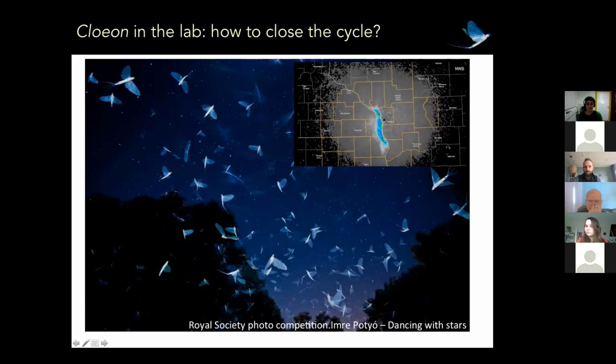And the way they do that is forming swarms of thousands of individuals.